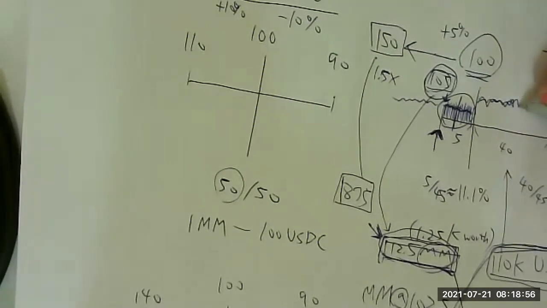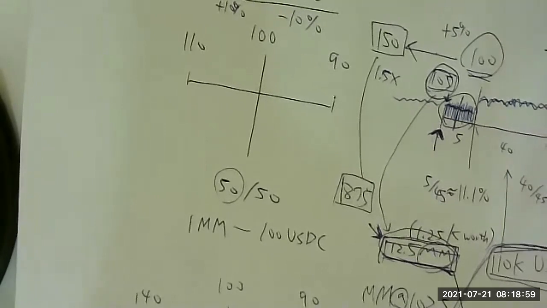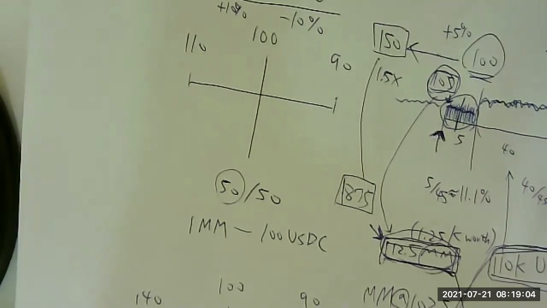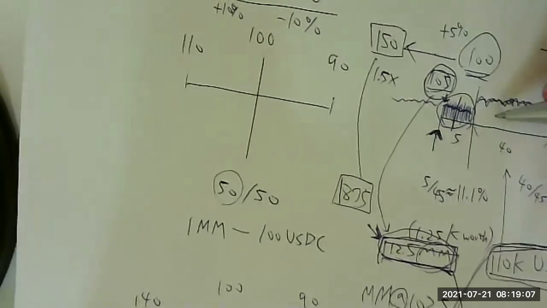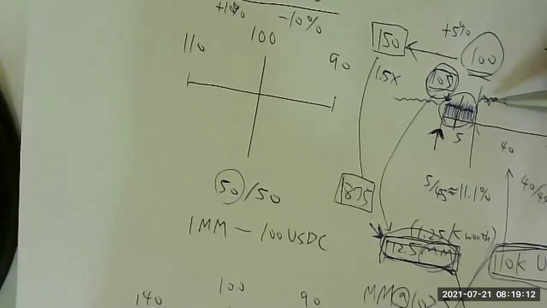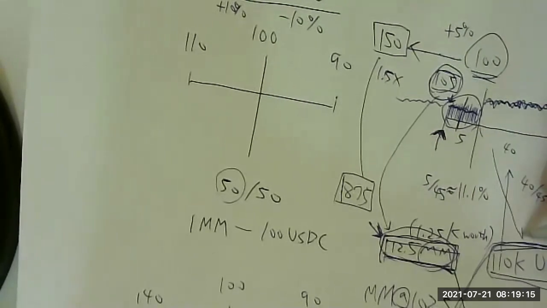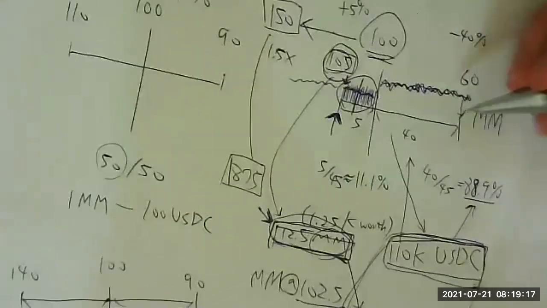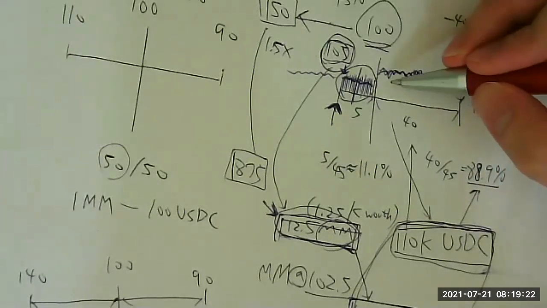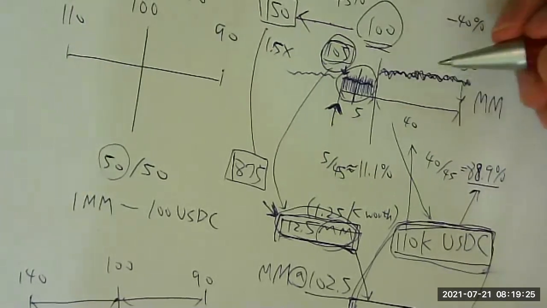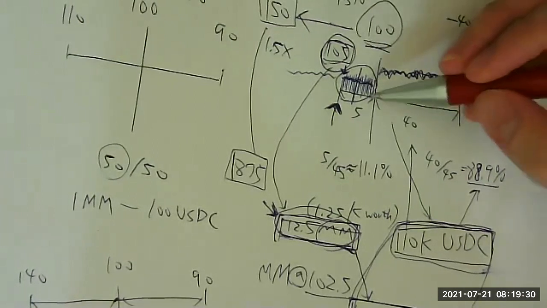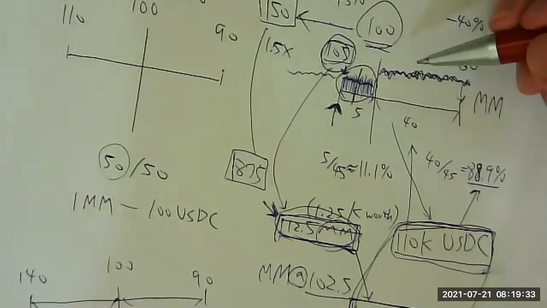And when it goes completely outside of your range, when it's completely below your minimum, you would end up with a bunch of MM with no USDC, because during this range, you'll be providing your USDC for their MM, basically. So it really depends on where the current price is when you want to pull out your liquidity pool, and you'll be pulling out a different ratio of MM and USDC depending on that.